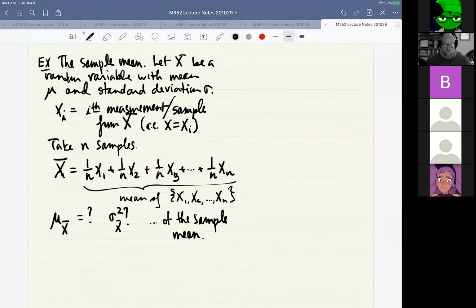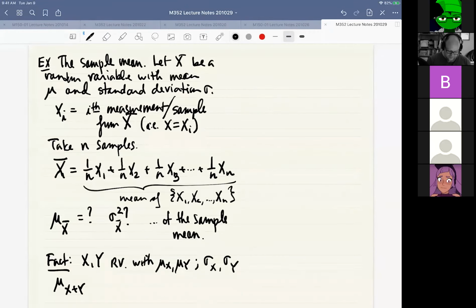All right. Well, we know that, well, do we know this? I guess this doesn't quite follow from what we did before. But if I have two random variables with means mu x and mu y and standard deviations sigma x and sigma y, then it turns out if I add the two random variables together, the mean of that new random variable is going to be the sum of the means.